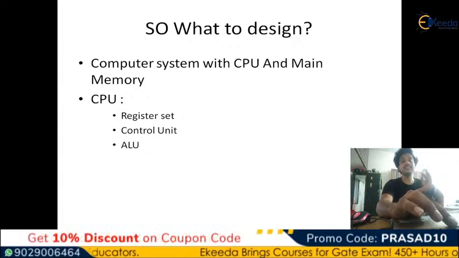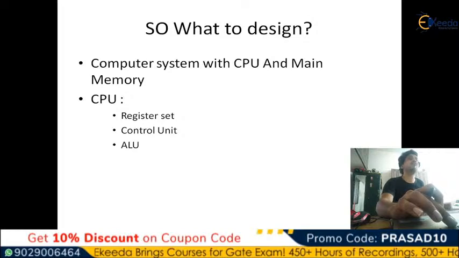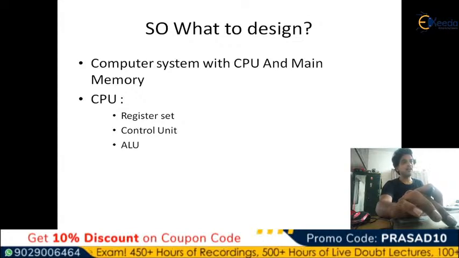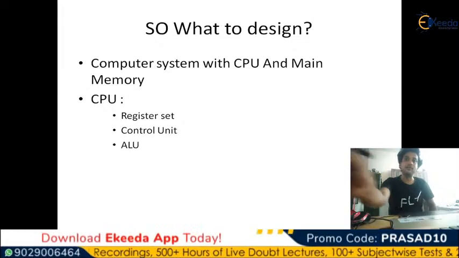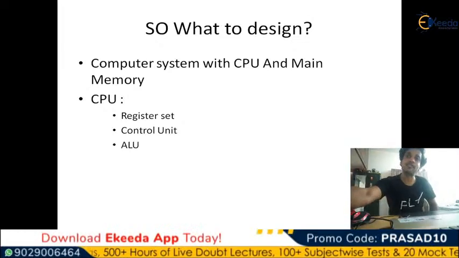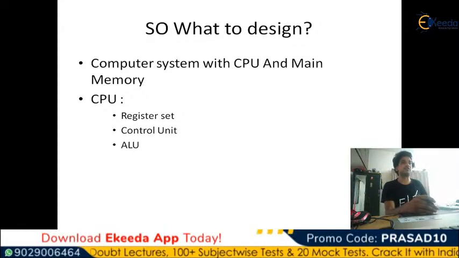The next thing is the control unit. What is the control unit? The control unit is the total controller of a system. This control unit is going to use a clock. By using a clock in a timely manner, the control unit is going to hold all the activities of the system. The control unit is going to master all the activities of the system.